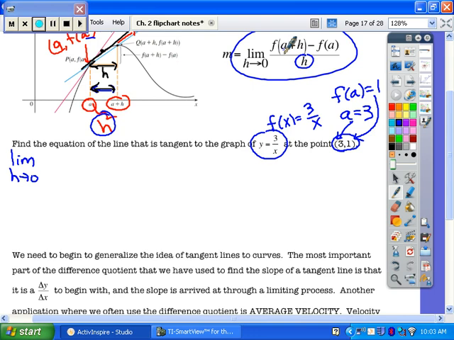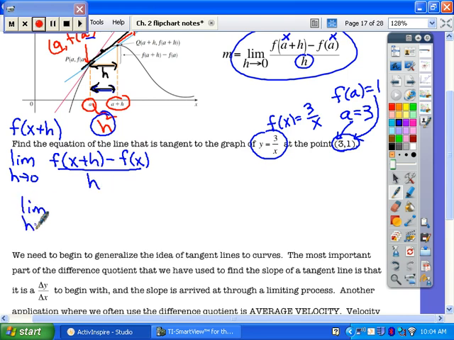So in place of the a, we're just going to use x right now as my input. I'm going to write it like this: f of x plus h minus f of x all over h. And we're going to put the point in at the end this time.